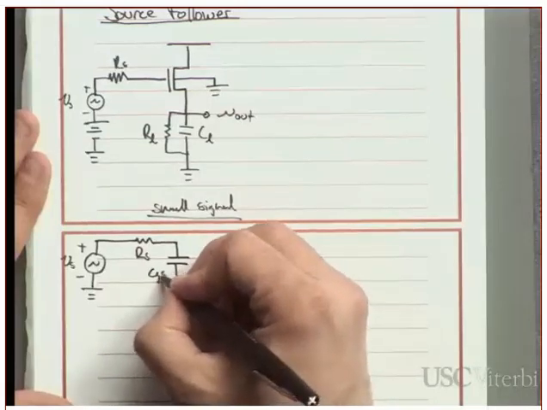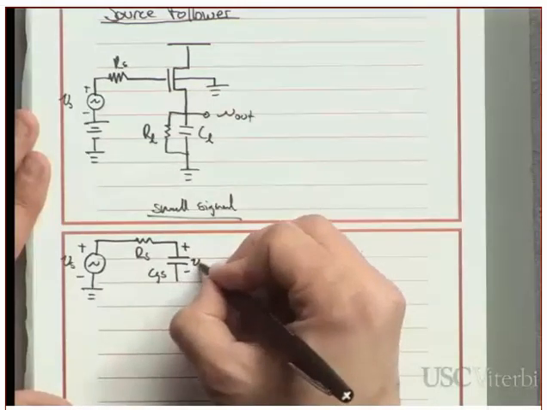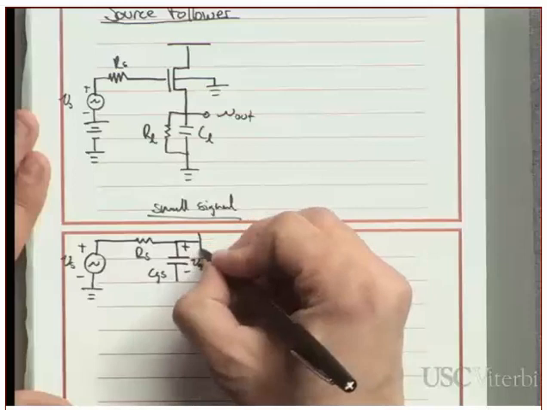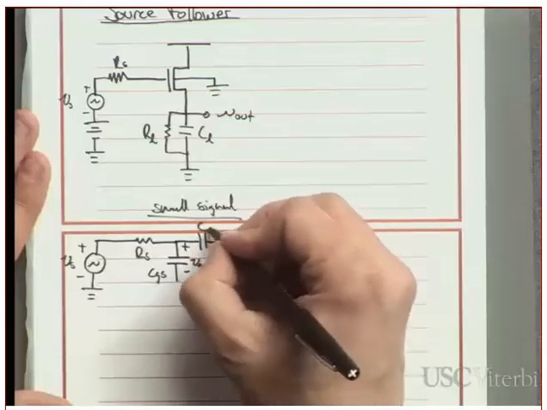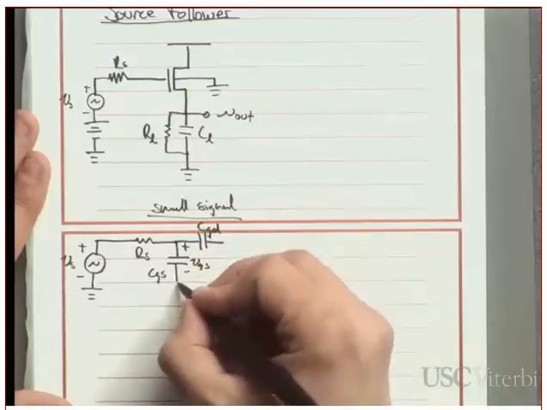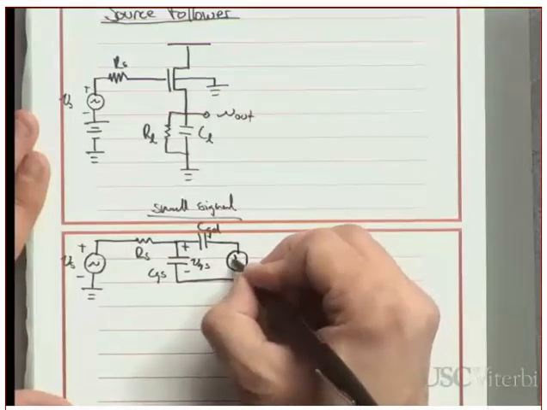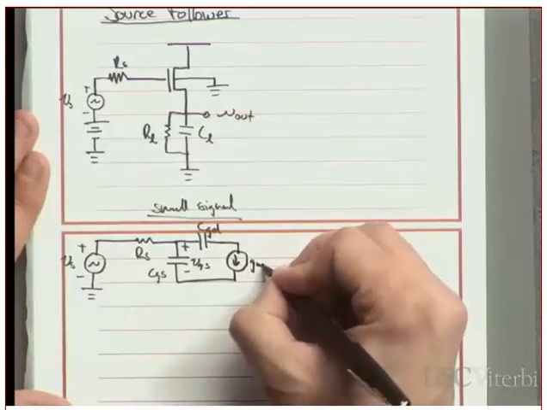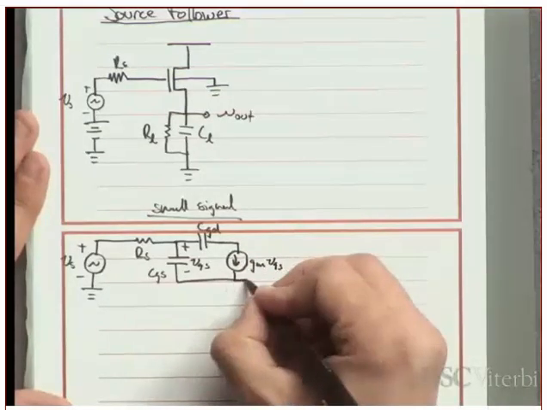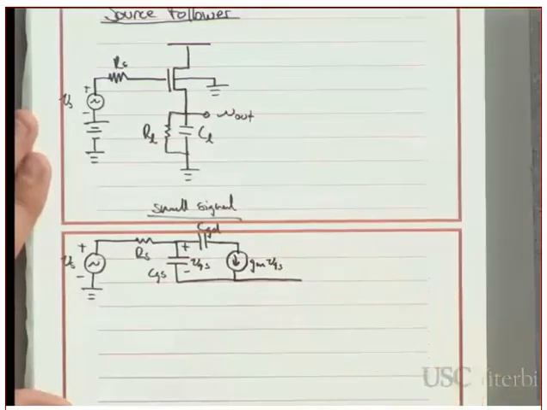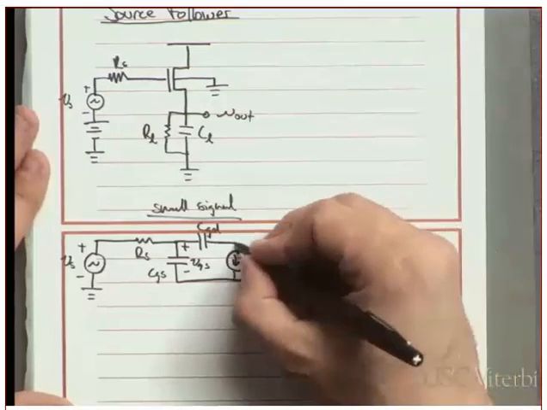Here's CGS, and across there is VGS. This is the gate to drain capacitance. And actually I have one more thing here.